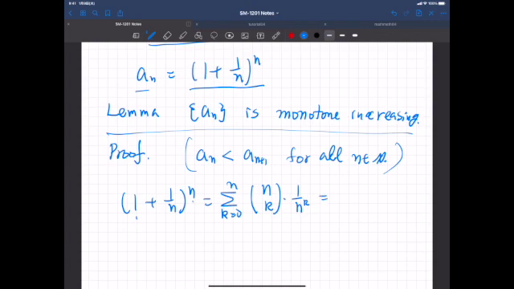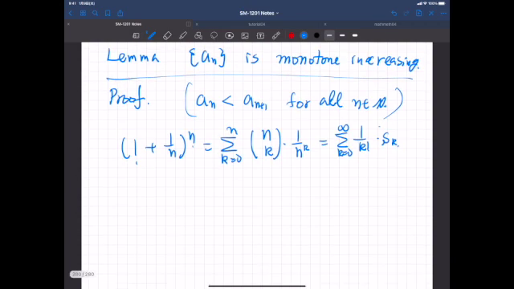So this is the sum over k of 1 over k factorial, and the rest, the remaining part we put as s_k. Here s_k is the remaining part of the factorial divided by n to the power of k, that is n times (n minus 1) times (n minus 2) and so on, down to (n minus k plus 1), over n to the power of k.